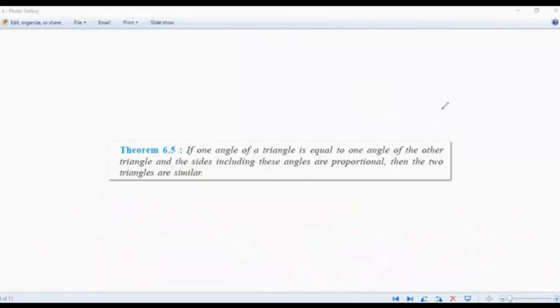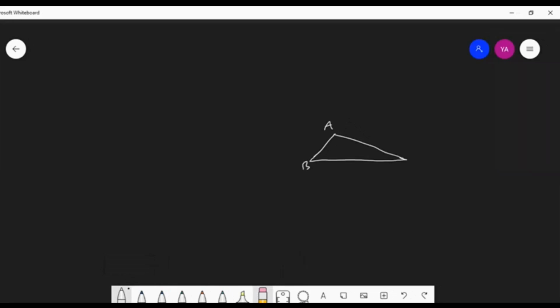I shall draw two triangles fast. Suppose this one is ABC, and the second one, a little bigger, we can give a different name, PQR. Here the given conditions are angle A is equal to angle P, and also the sides including these equal angles are in the same ratio.